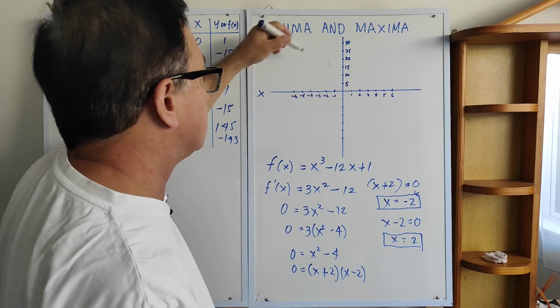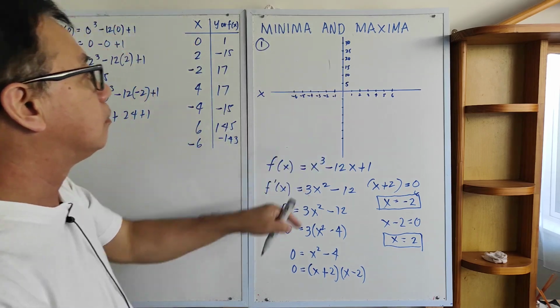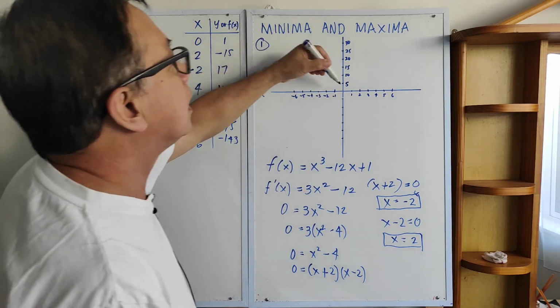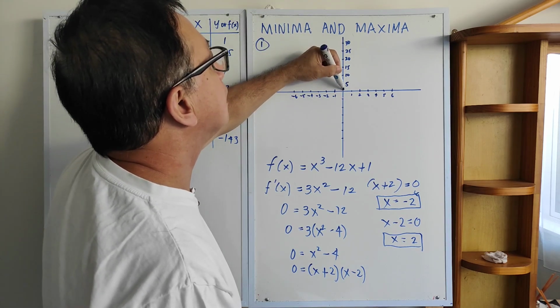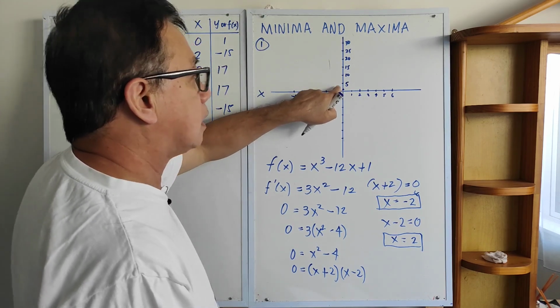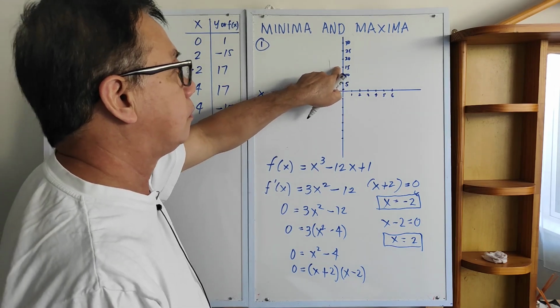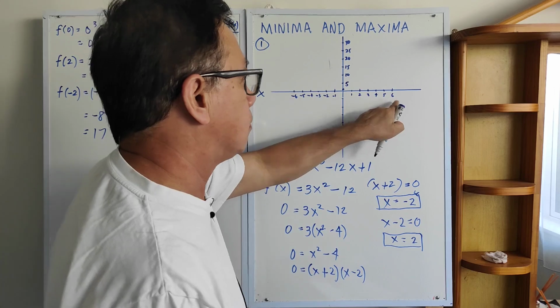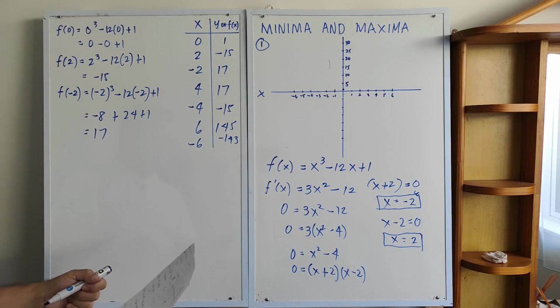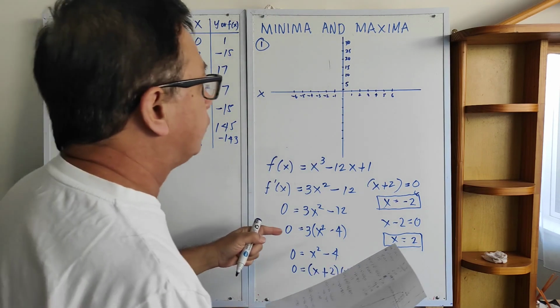This is the x-axis. I've shortened the y-axis so we can fit the numbers. So if x is 0, y is 1, it's in here. My graduation is 5, 10, 15, 20, 25, but the graduation here is 1, 2, 3, 4, 5, 6. And then 2 and negative 15.